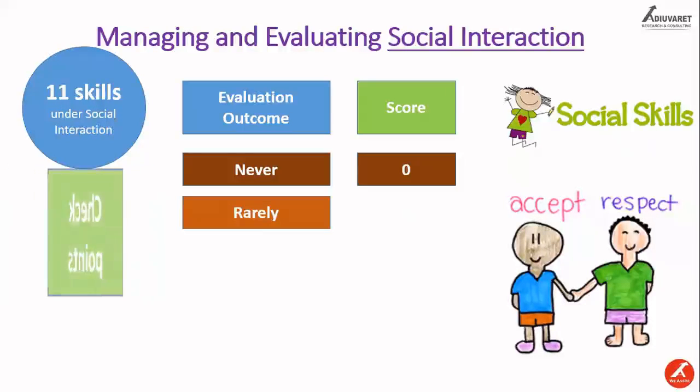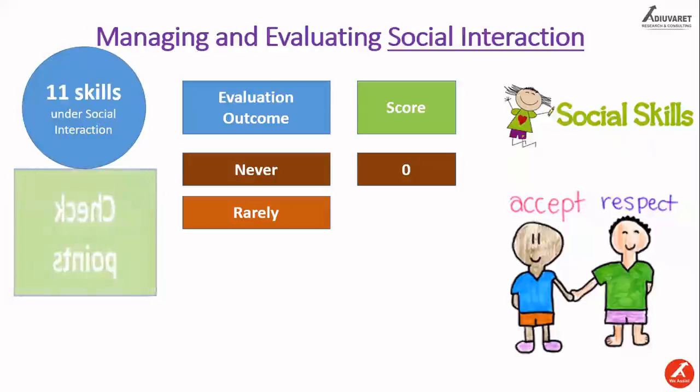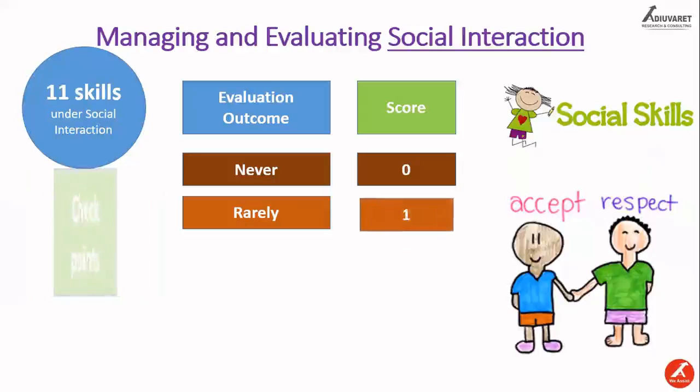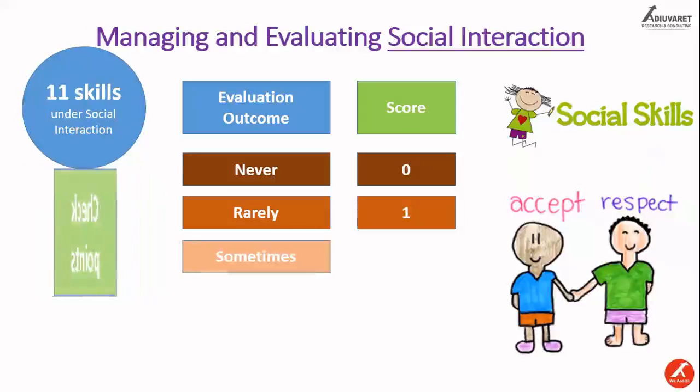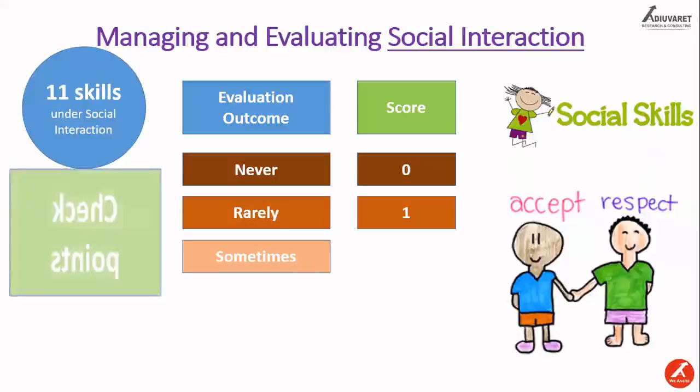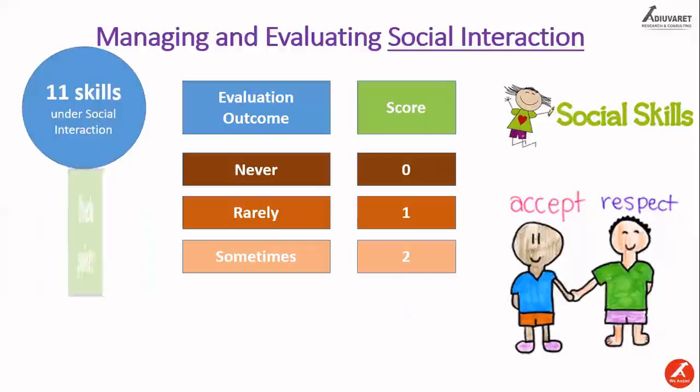If the child is rarely doing that skill under social interaction, then we'll assign a score of 1. If the child is sometimes displaying that skill, definitely more than rarely, then we'll assign a score of 2.